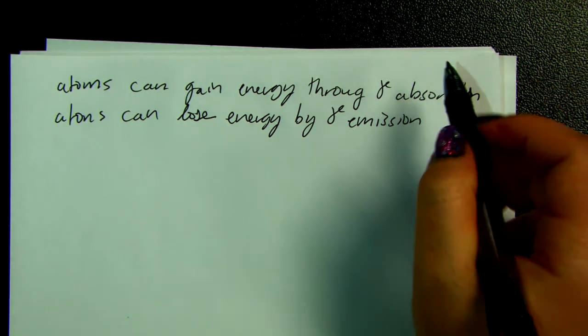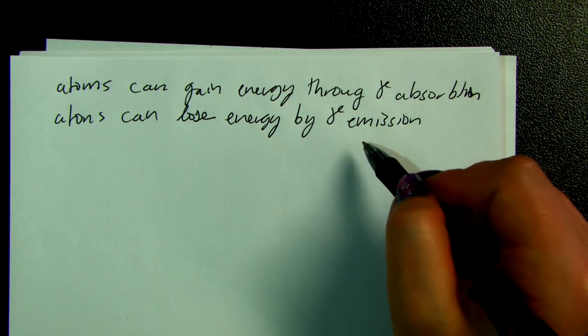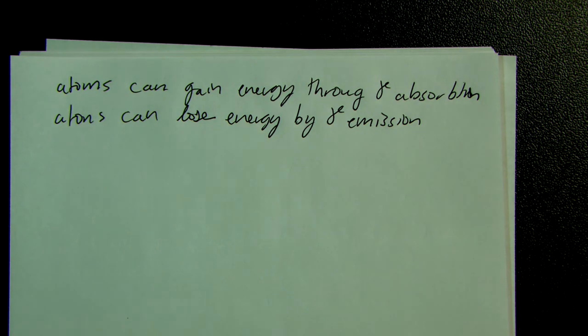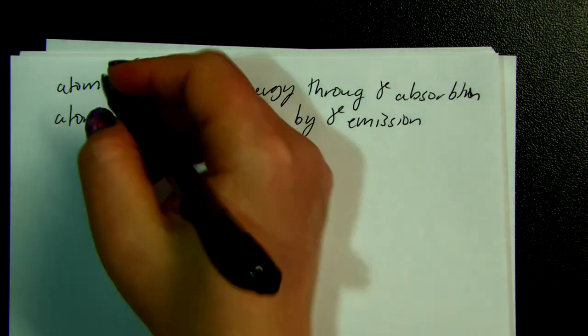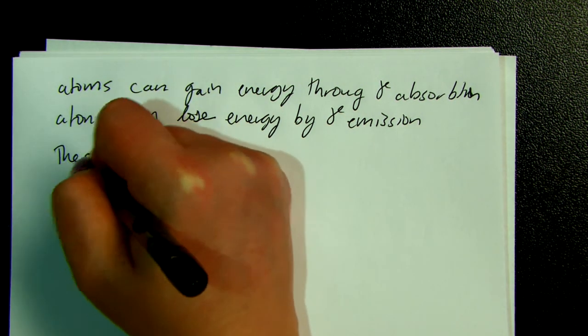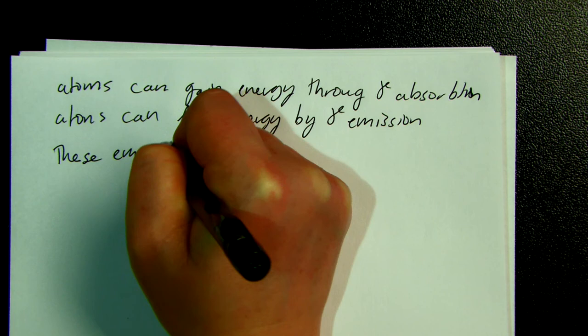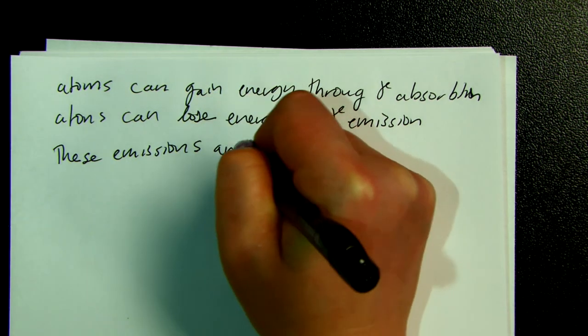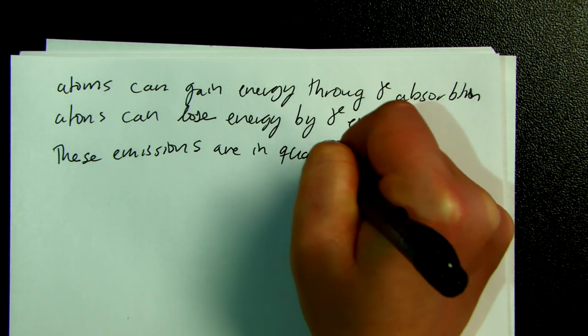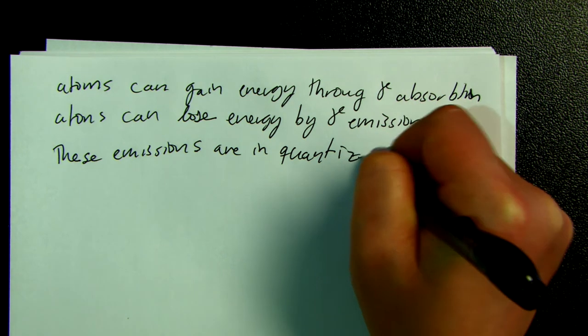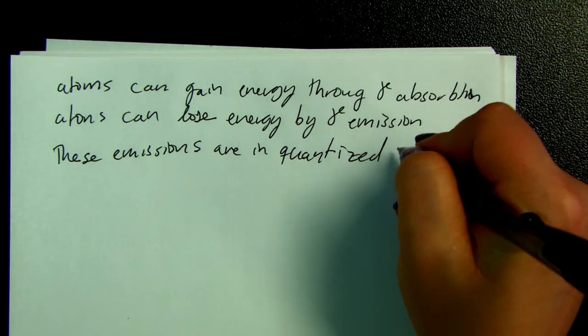And these, for any given atom, for any element, correspond to very specific energy levels. So these are also quantized packets. So these emissions are in quantized energy packets, a little quantized bit of energy. That's what a photon is.